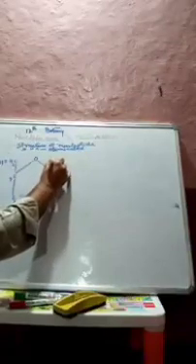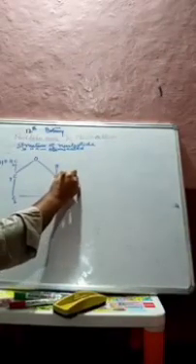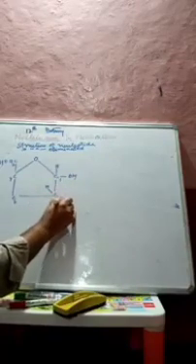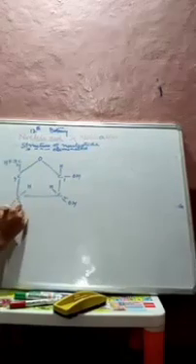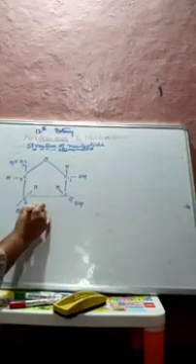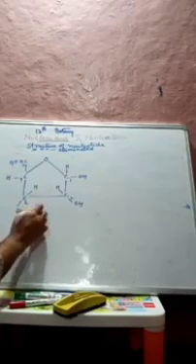It is H and OH, H and OH, again H, OH, and it is simply H. This is what we call ribose.